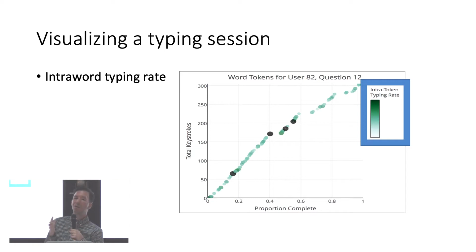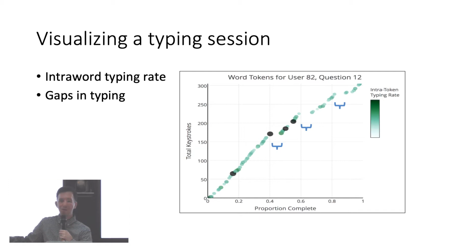So it really gives you a sense of where the fast words are and where the slow words are, based on the color. You can also see gaps in typing. So we're moving along the x-axis, which is time, and there's a gap where no additional keystrokes are being produced. That's when you're typing, take a pause to think, then go back to typing. So we can visualize those as well.